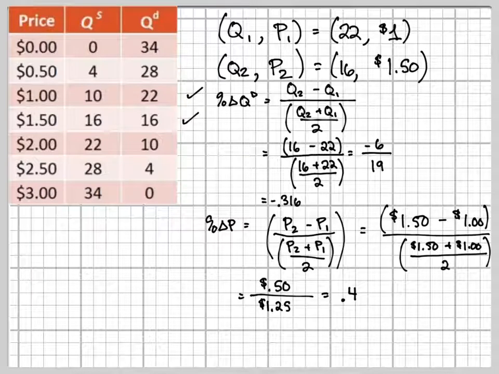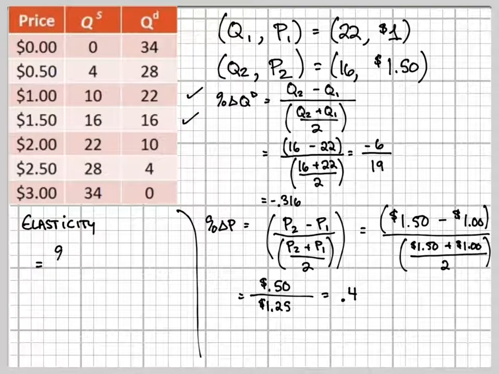Almost there. So now, the elasticity, or the price elasticity of demand, is the percentage change in quantity demanded divided by the percentage change in price, or negative 0.316 divided by 0.4.